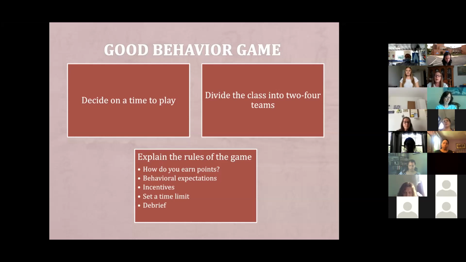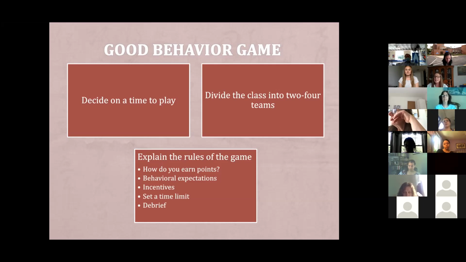You're going to talk about how long the game's going to be played and what happens when the team meets the criteria, that they'll be able to receive the reward, and the teams that don't meet the criteria will not receive the reinforcers. So you want to make sure that the points or the goal or reinforcers, what you're working for in this game, is visual out for the students to see so that they have a reference and they can help build up the other peers in the group, and also they can manage their own points as well.